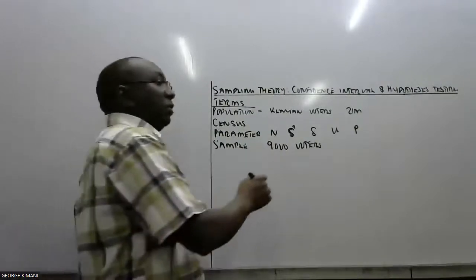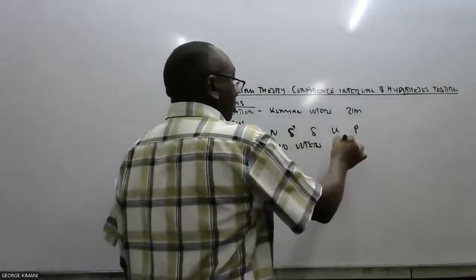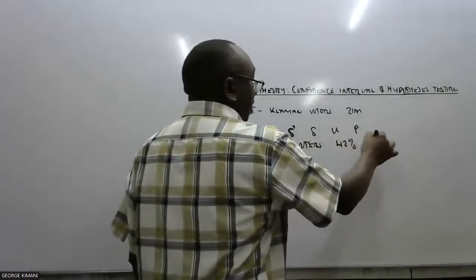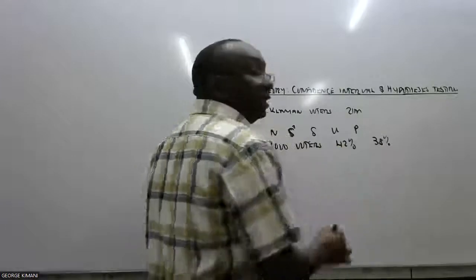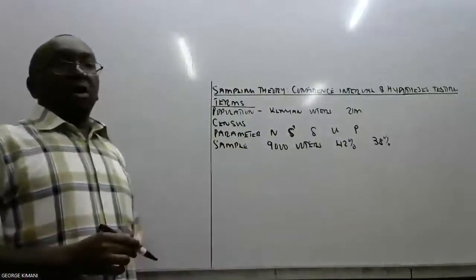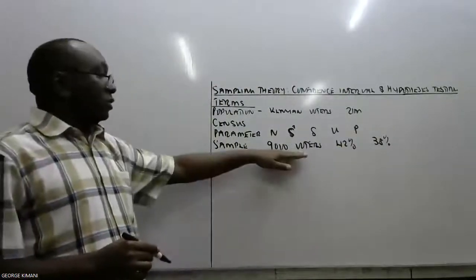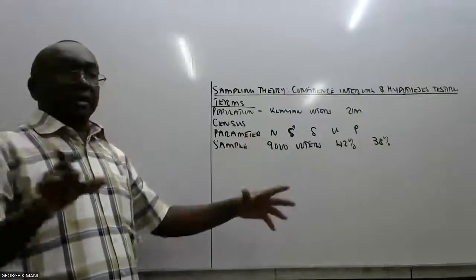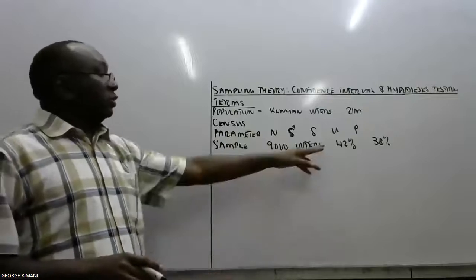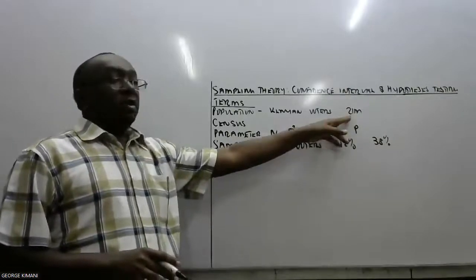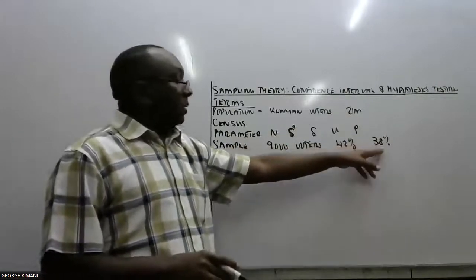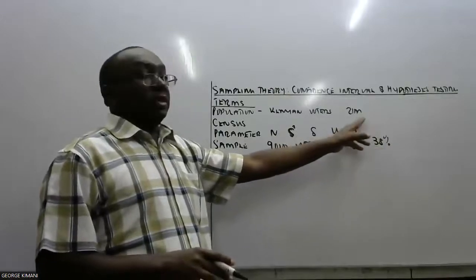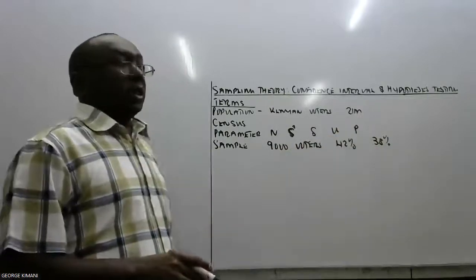And from this sample, they were telling us one person is preferred by 42%, and the other person is preferred by 38%. So then you come and say the whole Kenyan voters, if they were to vote, 42% of these 21 million will vote for this person, 38% will vote for this person. That is what we call a sample.